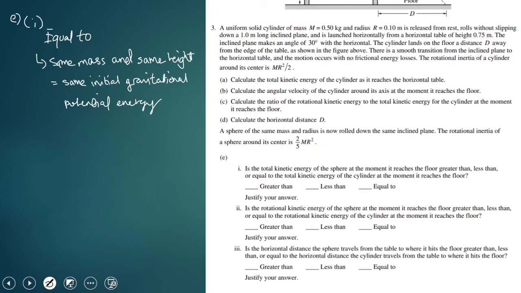And so because it's the same initial gravitational potential energy, it all gets converted to kinetic energy. So it's the same for both at the end.